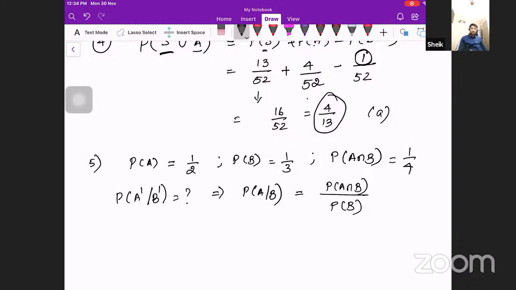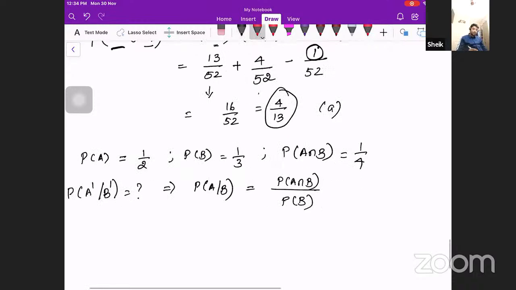You may be wondering from where we got this formula. I hope you remember it.